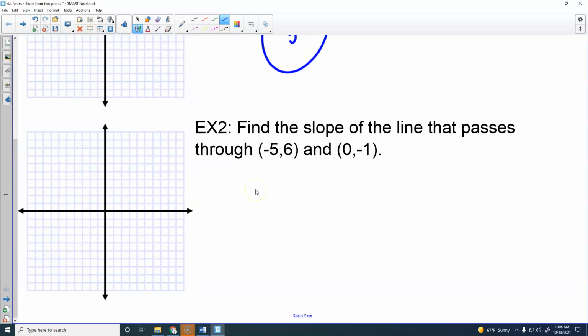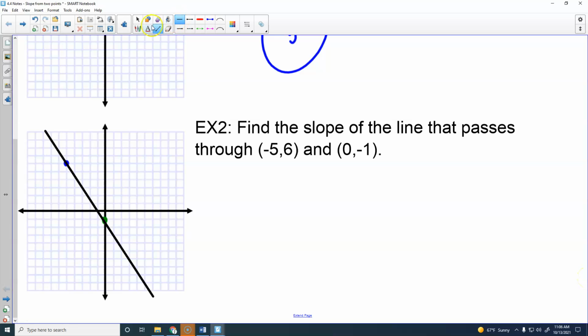Okay. Alright, so -5, 6 is going to be right here. And 0, -1 is going to be right here. So we're looking at the straight line that passes through those points.